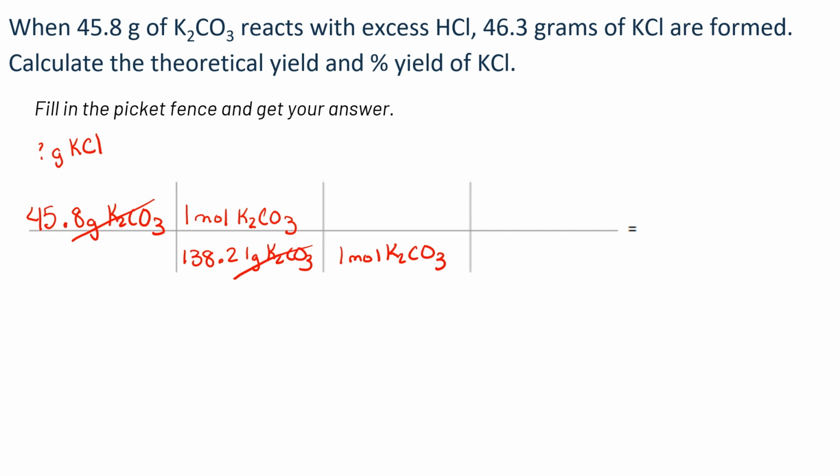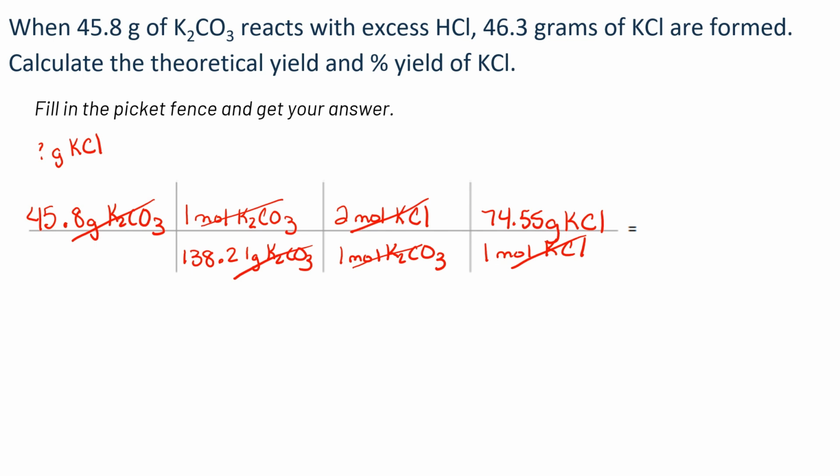For 1 mole of potassium carbonate, there are 2 moles of potassium chloride. Now I need to get to mass of potassium chloride, and every 1 mole of potassium chloride is going to give me 74.55 grams of potassium chloride.